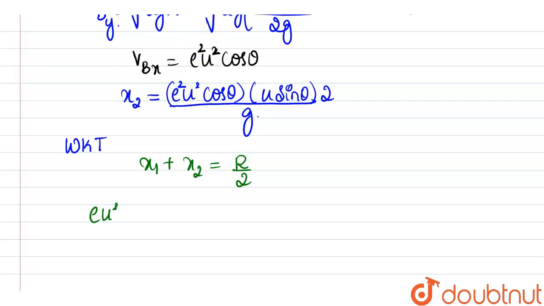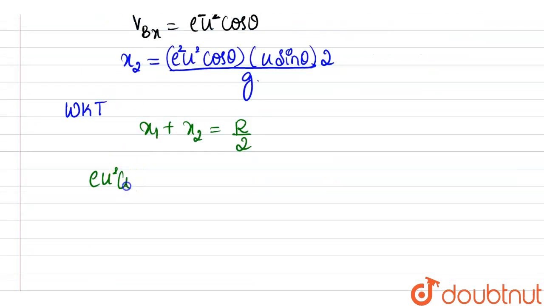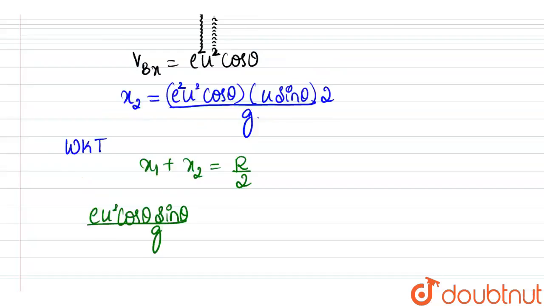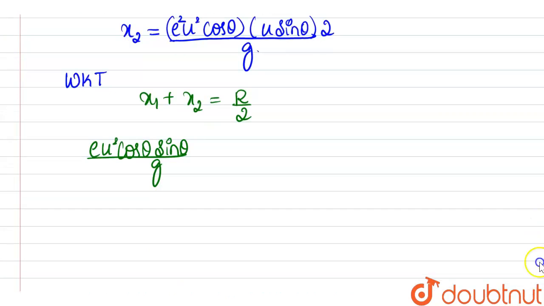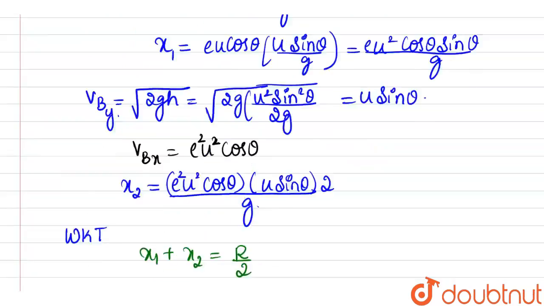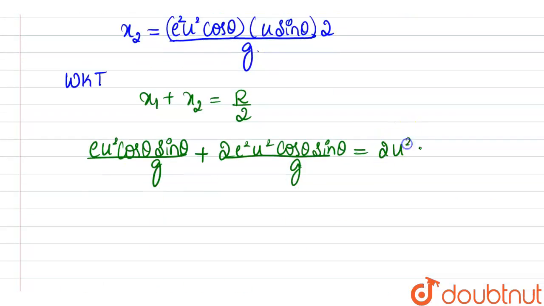So we will be getting e u squared cos theta sin theta by g, that is the x1 value, and then we get plus 2 e squared u squared cos theta sin theta by g, that should be equal to half of the range. So half of the range will be u squared sin 2 theta by 2g, that is nothing but 2 u squared sin theta cos theta divided by 2g.